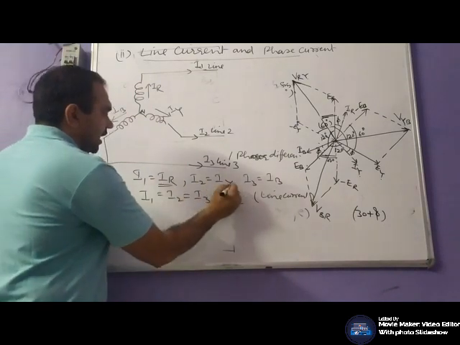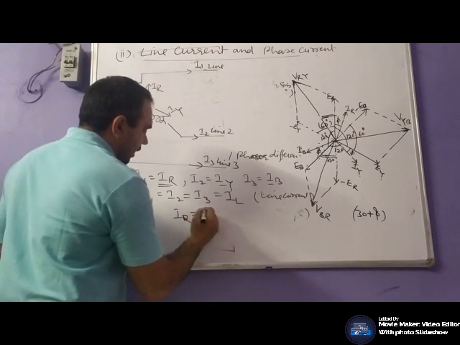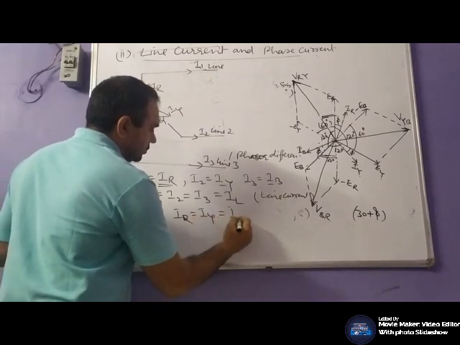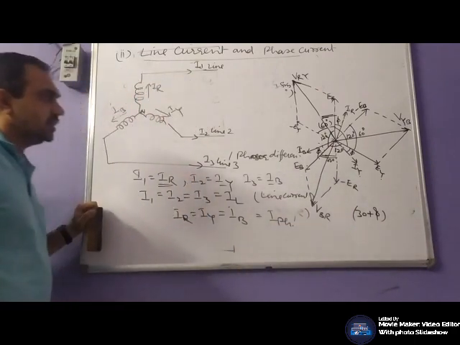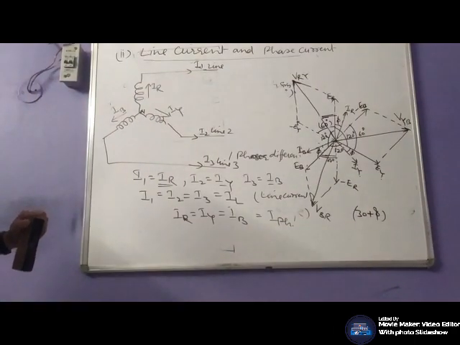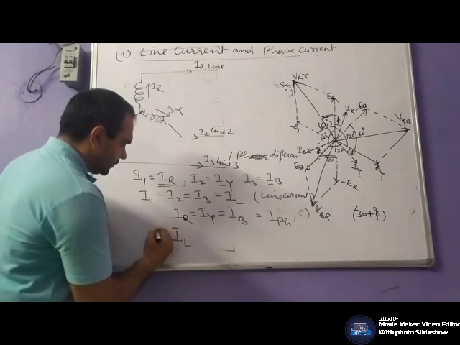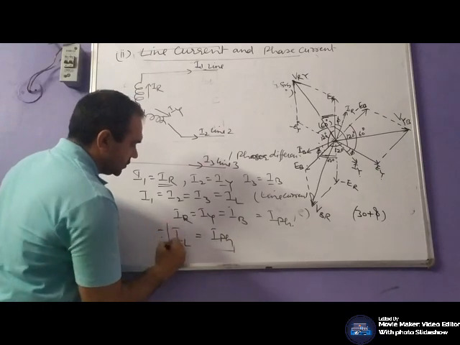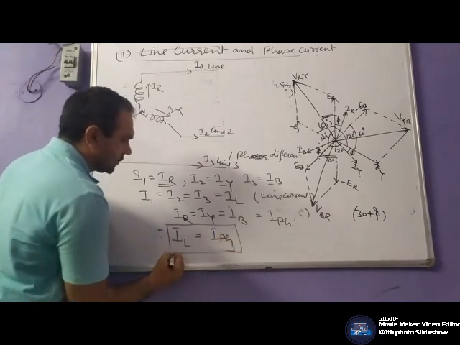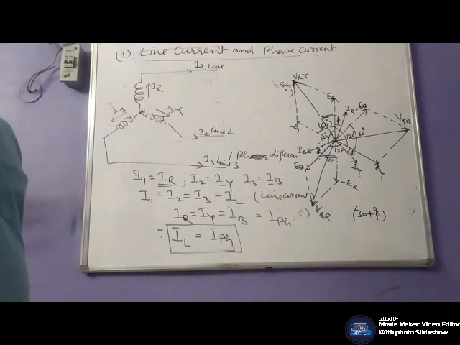As load is balanced, IR is equal to IY is equal to IB, which is equal to I phase. That is your phase current. Therefore, IL is equal to I phase. So in star connection, your line current would be equal to the phase current.